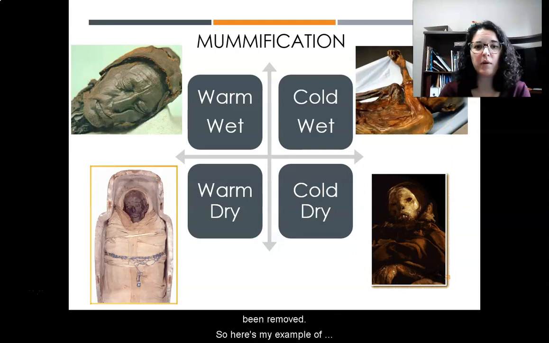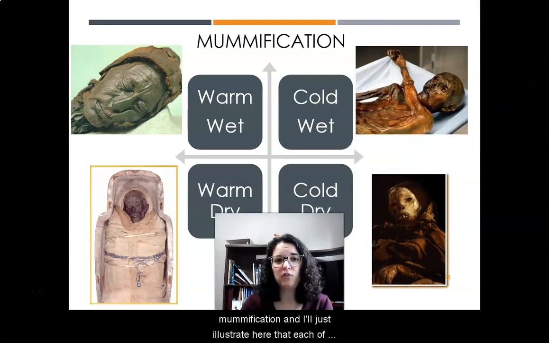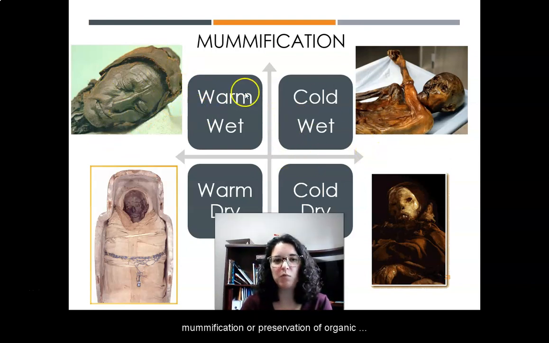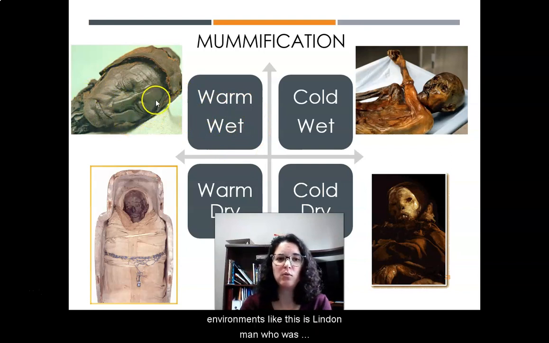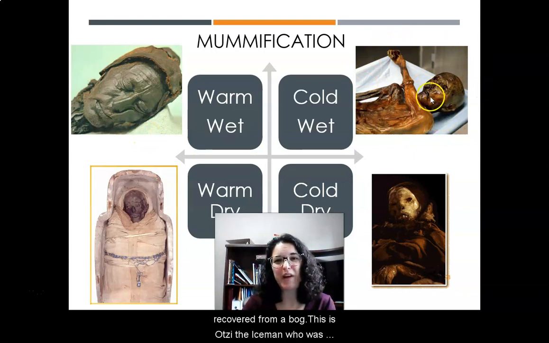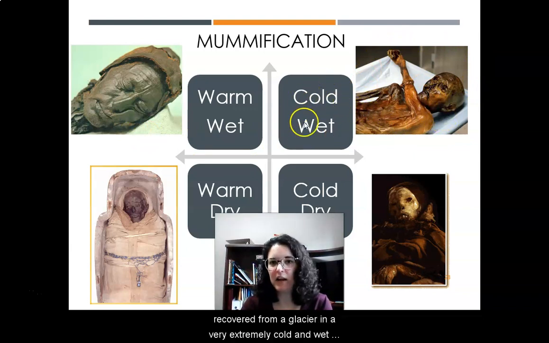So here's my example of mummification, and I'll just illustrate here that each of these different famous, well-known mummies from various collections around the world show us that mummification or preservation of organic materials favors extremes, be they very warm and wet environments, like this is Lindo Man, who was recovered from a bog. This is Ötzi, the Iceman, who was recovered from a glacier, again, a very extremely cold and wet environment.